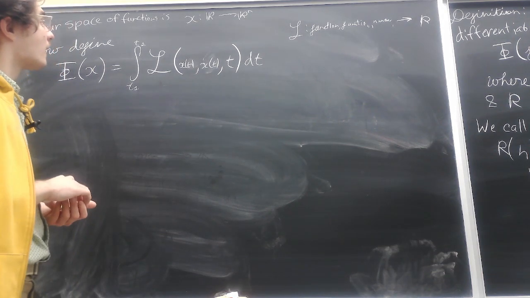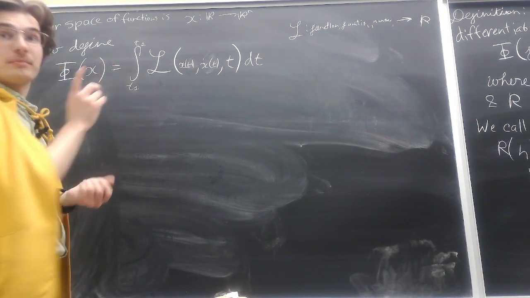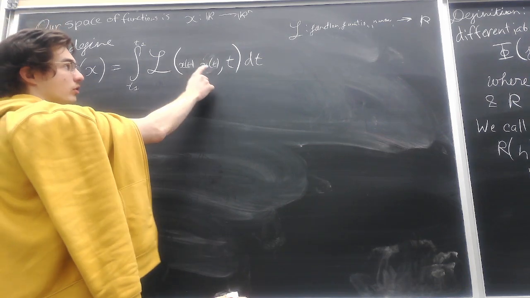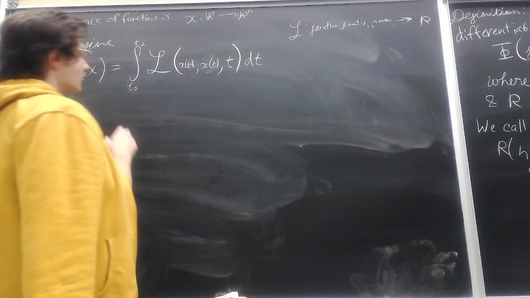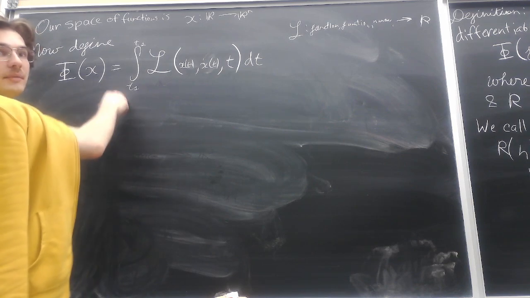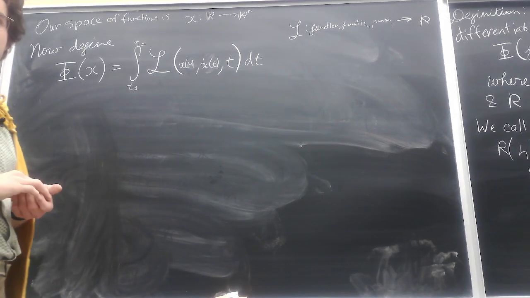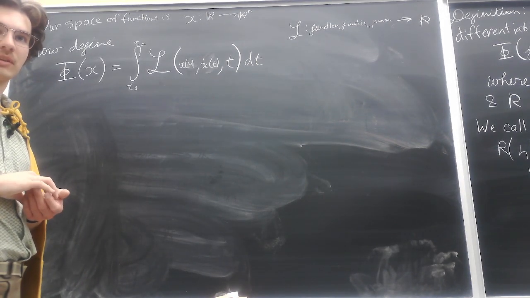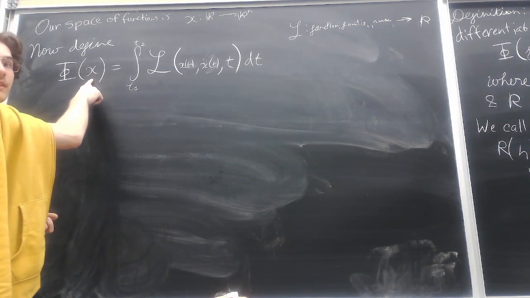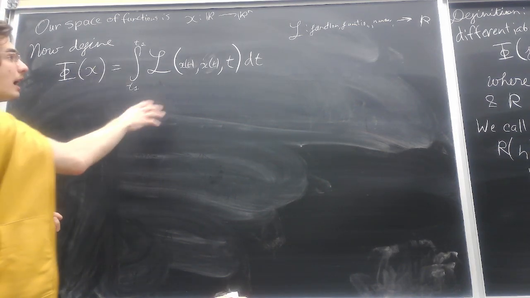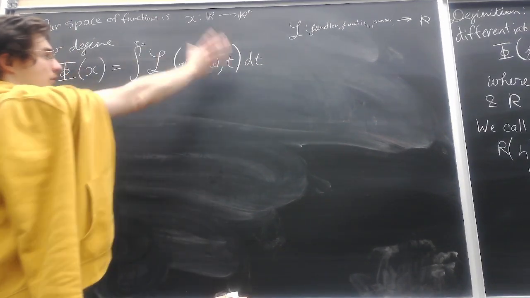So if I have some path, I can plug the values of x of t, its derivative, and t into this function L, and then integrate that from some fixed time t1 to some fixed time t2. That makes sense? So I took some path x, plugged it into this thing, and I get out a number.